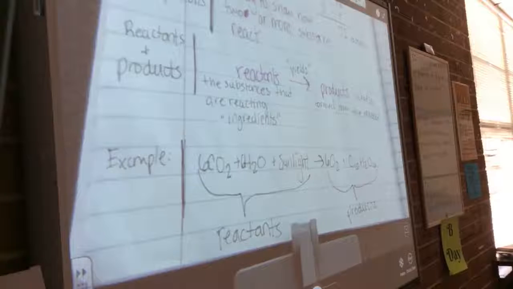The reactants are carbon dioxide, water, and sunlight. That's the ingredients for photosynthesis. The products, or what is made in photosynthesis, is oxygen, which we need, and glucose, which is what the plants need.